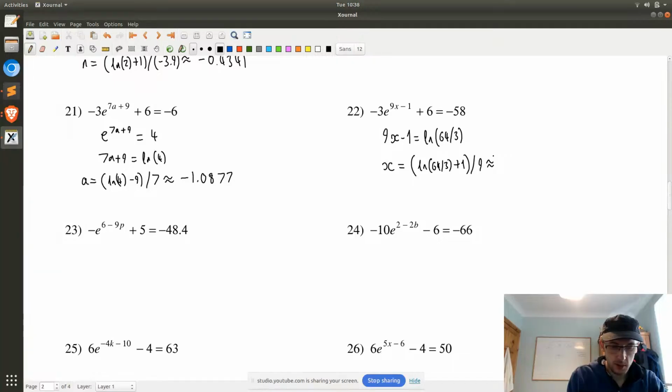Okay, so ln of 64 divided by 3 plus 1. Divide that by 9. 0.4511 there.